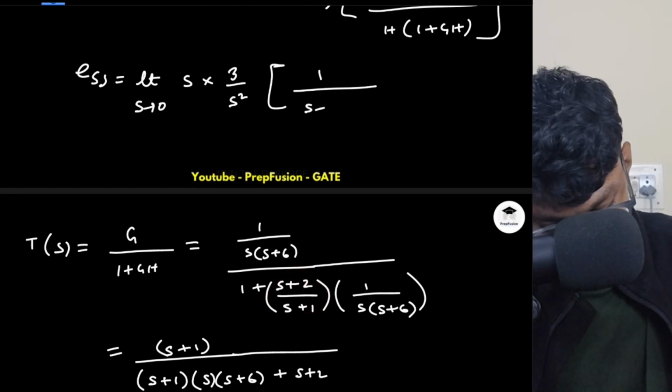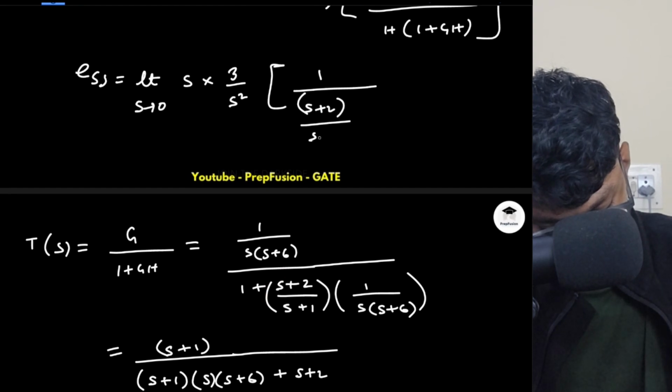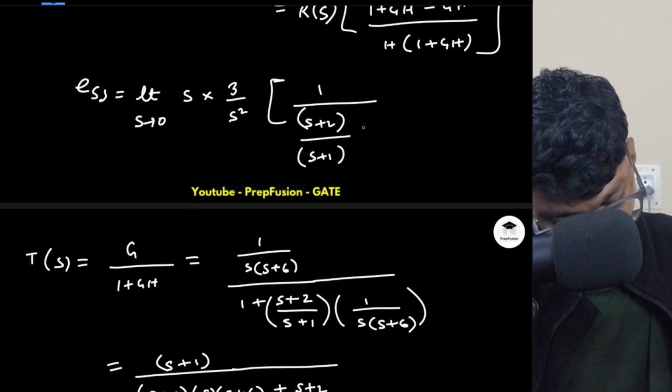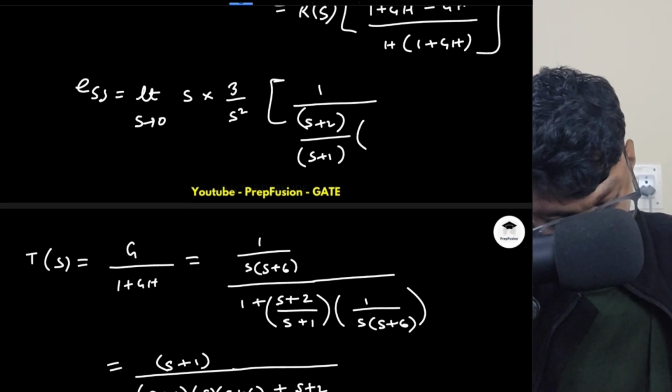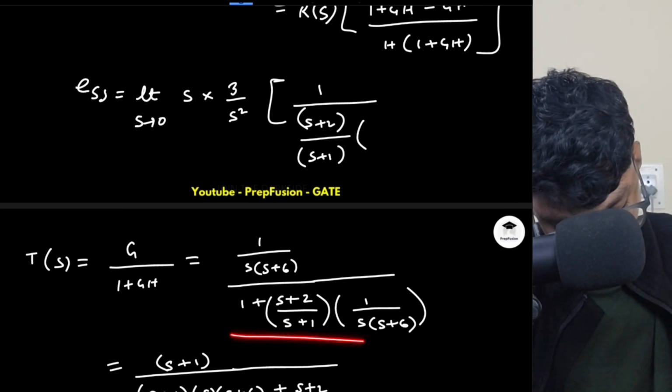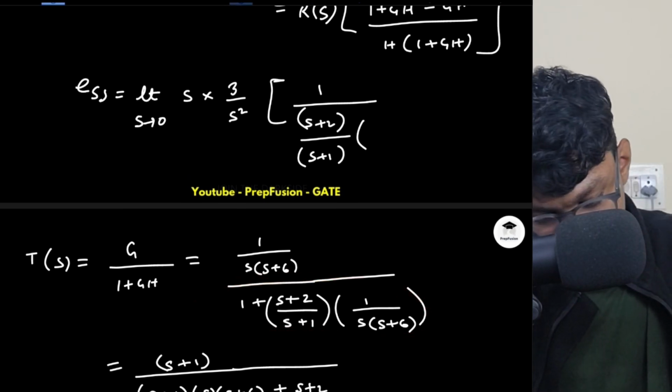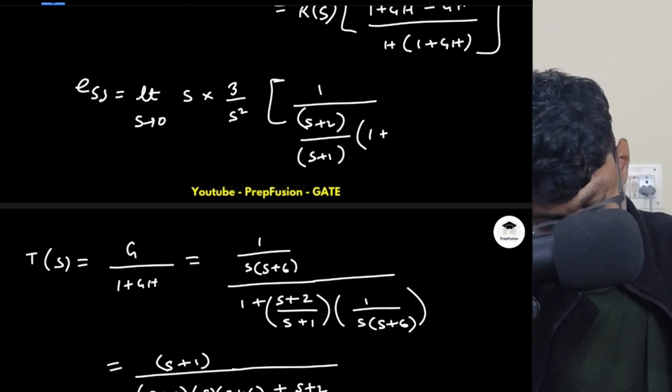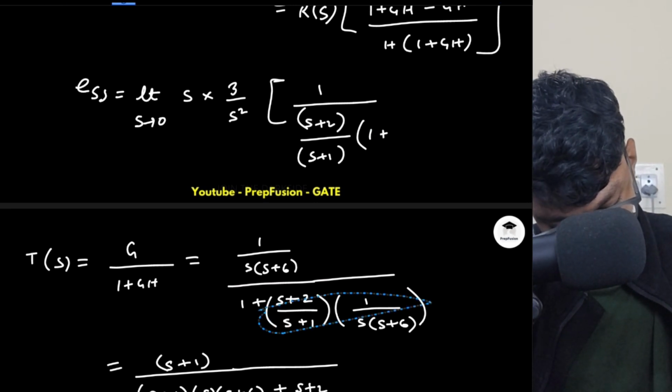So H is (s plus 2) divided by (s plus 1) into 1 plus G of H of s. 1 plus G of H of s is this thing only. Okay, we'll copy this.